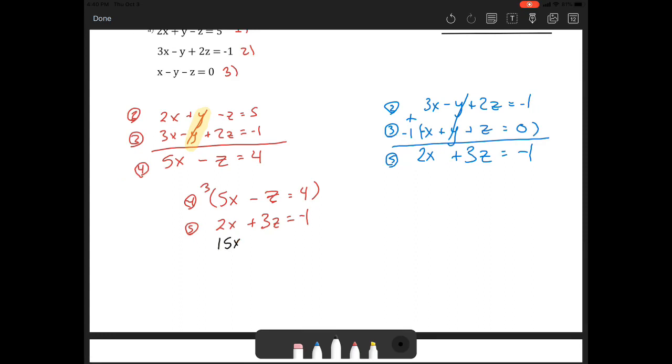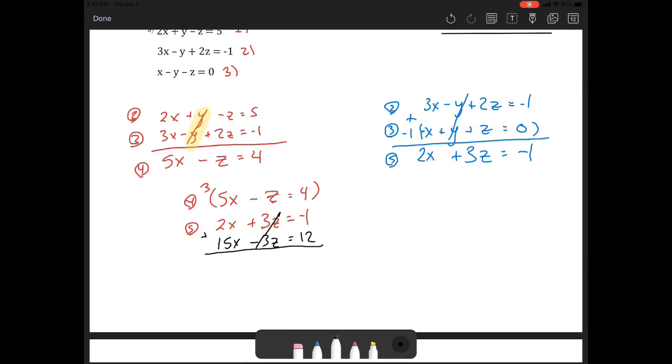So I'm going to put it down here in black. And that's going to be 15x minus 3z equals 12. And so now I'm going to do my elimination. So these will cancel right here.